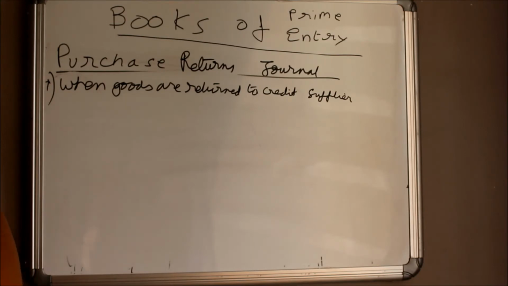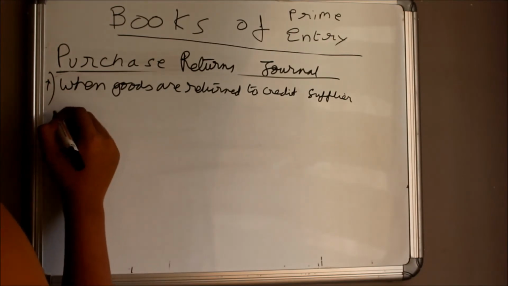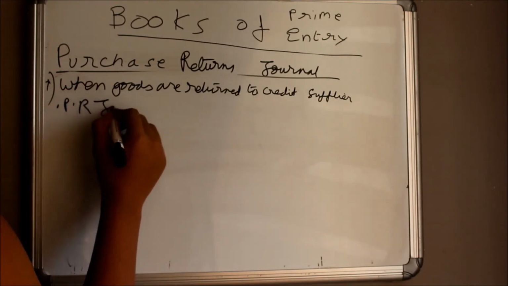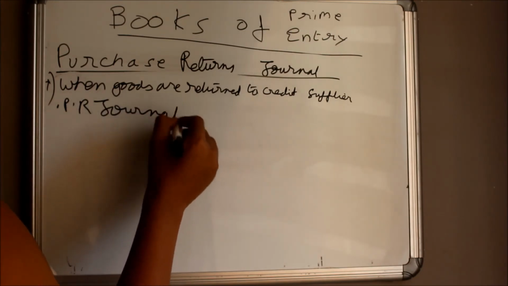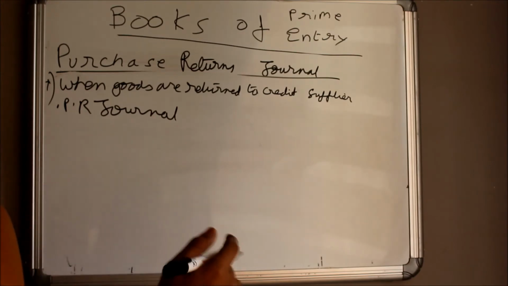So first of all, in the purchase returns journal, the date, name of the supplier and total of the credit note is entered. And as you know, the journal doesn't have any debit or credit side, so we're just going to write the entries over here.